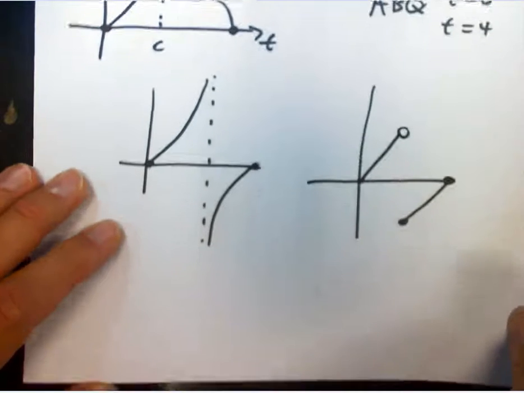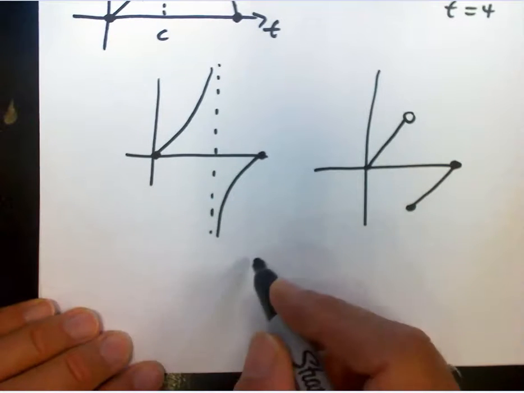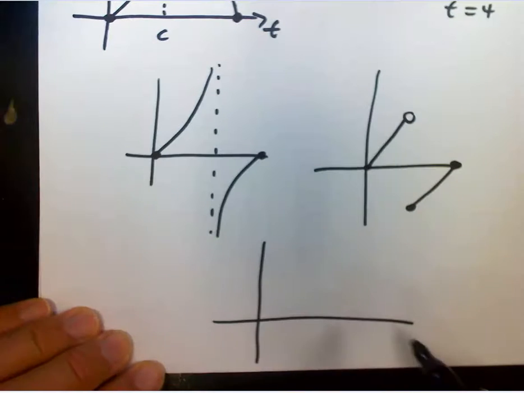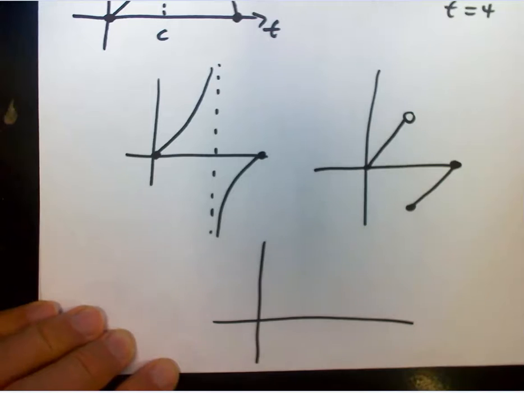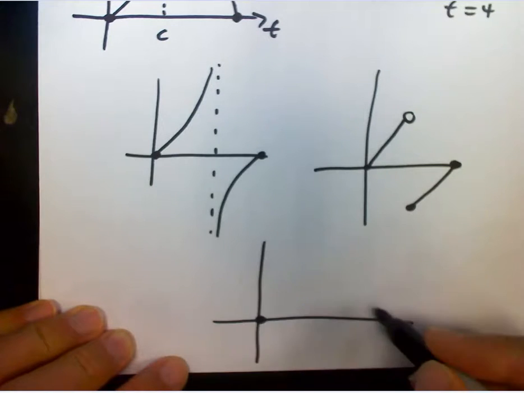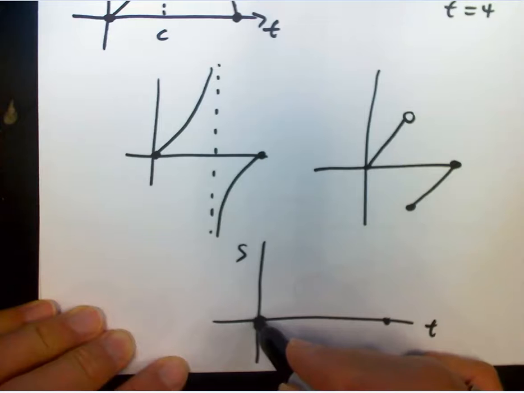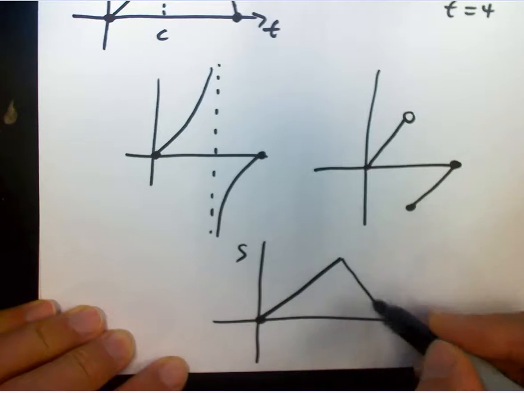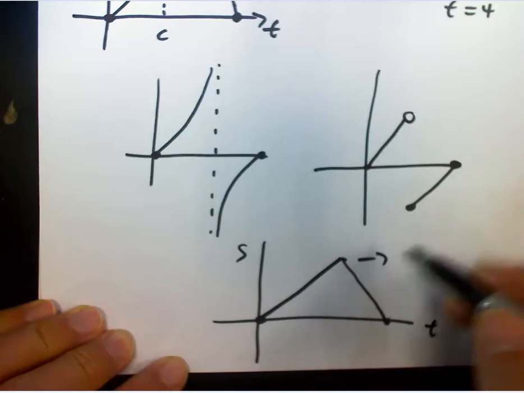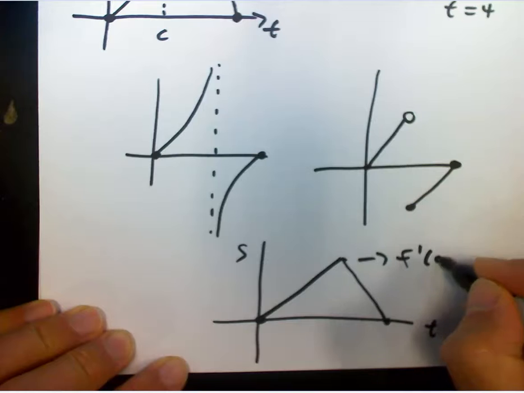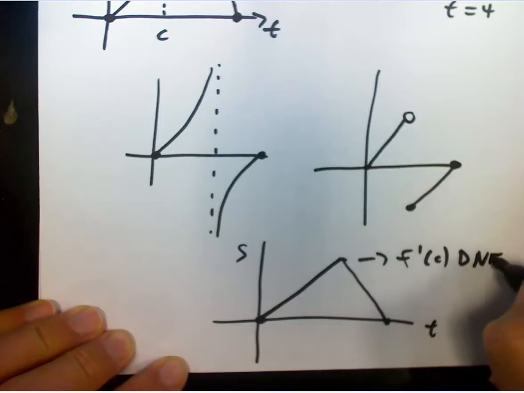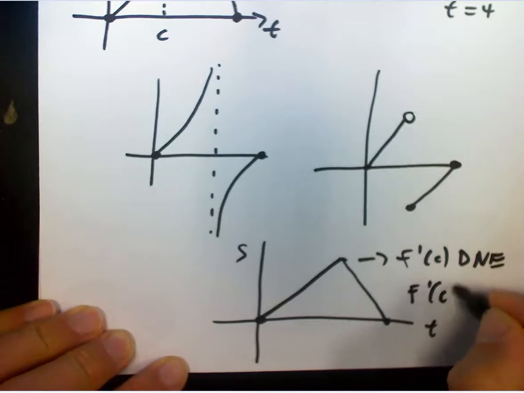Well, it's more subtle here with Rolle's theorem because, very much like our subtleties about bad versus good critical points, he could start here, end up here, in terms of s versus t, and he could actually have a sharp corner. Okay. So here f prime of c does not exist, is not equal to 0.